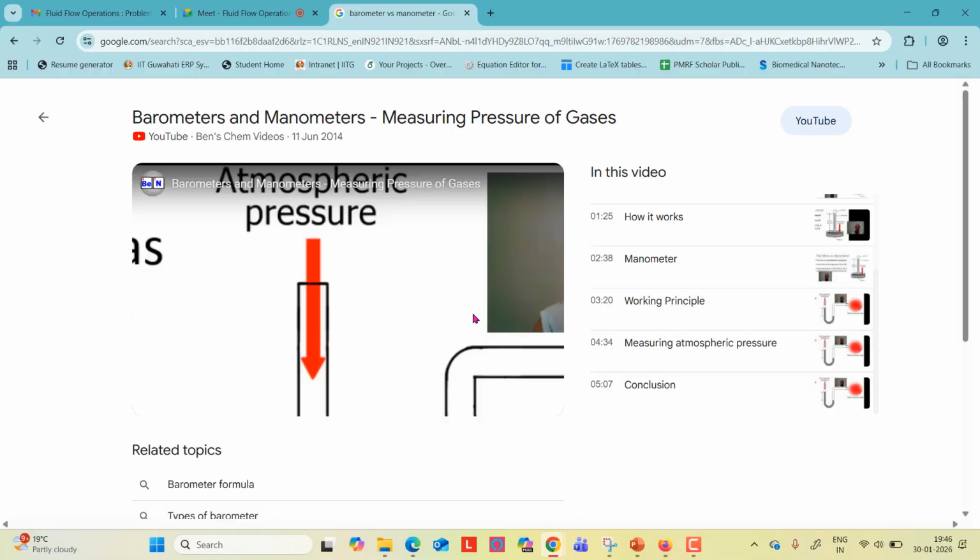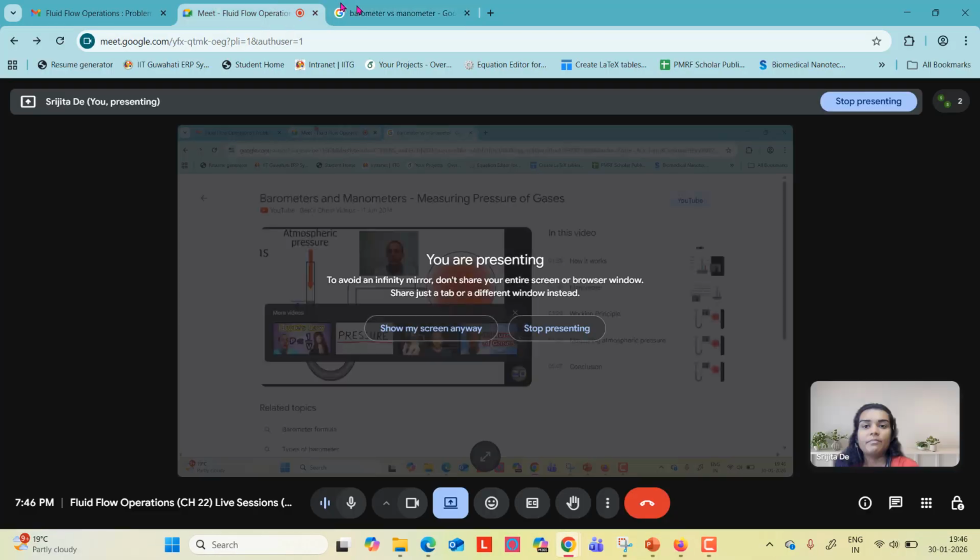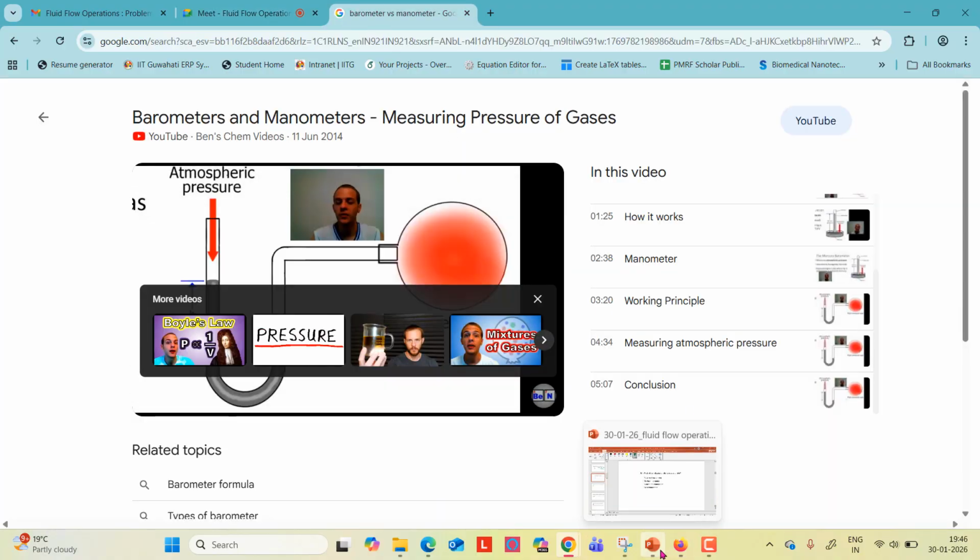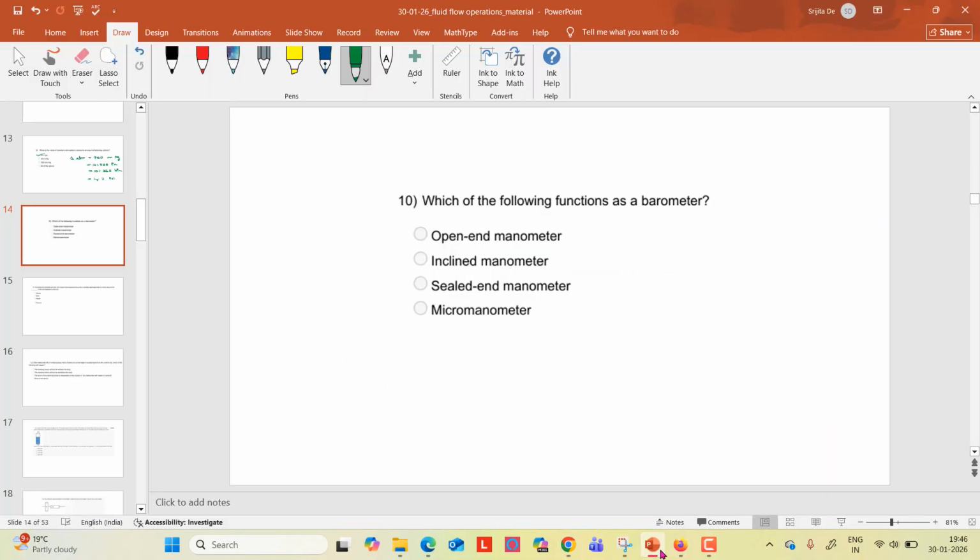So I think it is clear. So if you simplify this, what does it say?